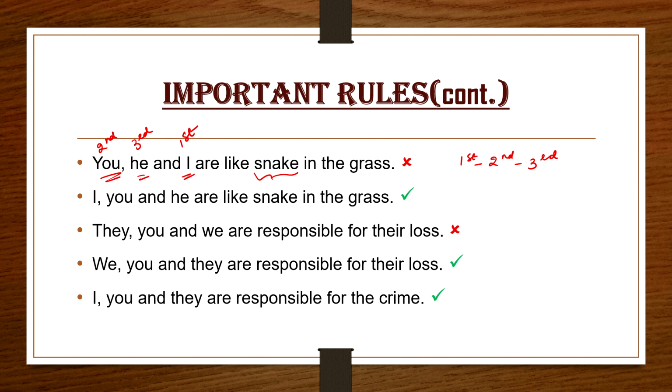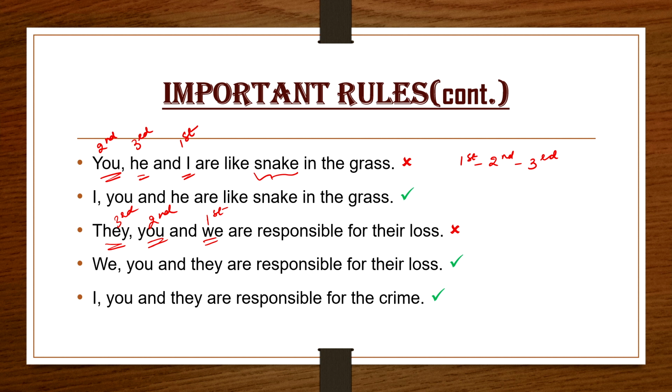So, now let us look at another example. They, you and we are responsible for their loss. Now, they is your third person, you is your second person, and we is your first person.